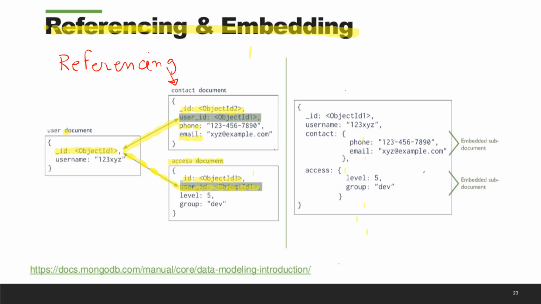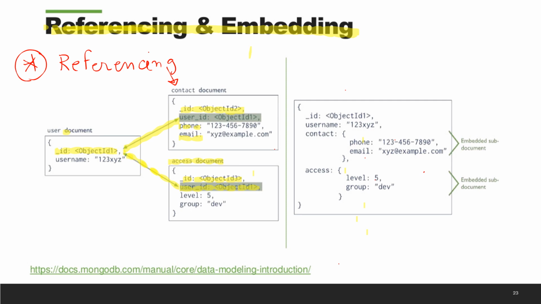So this is an example of using referencing to make relationships of documents, from one document referring to another document.